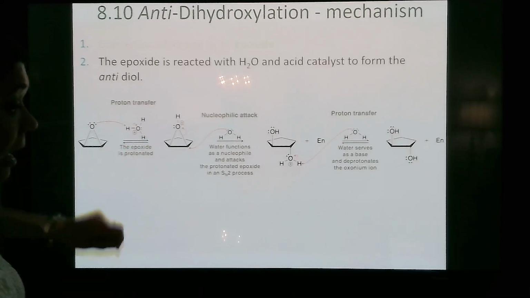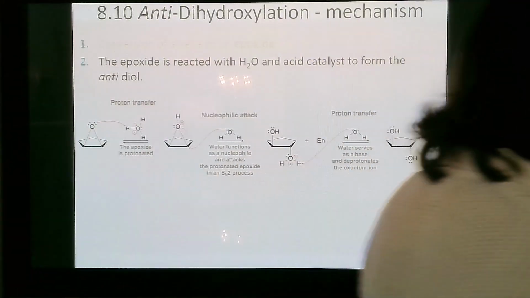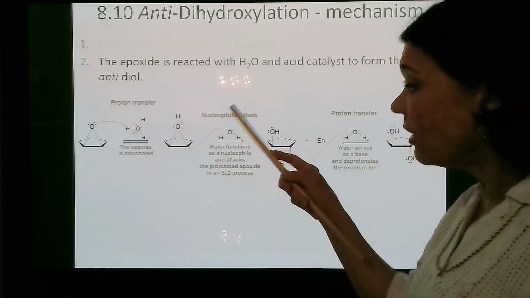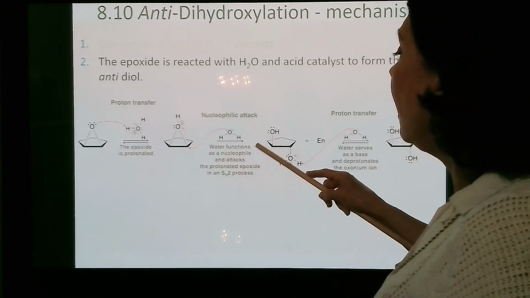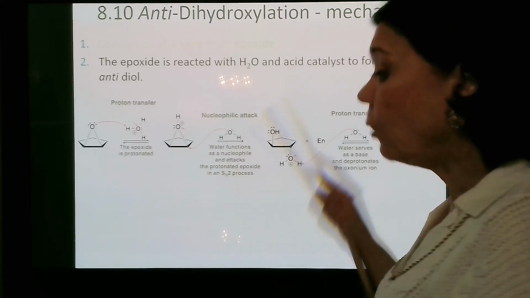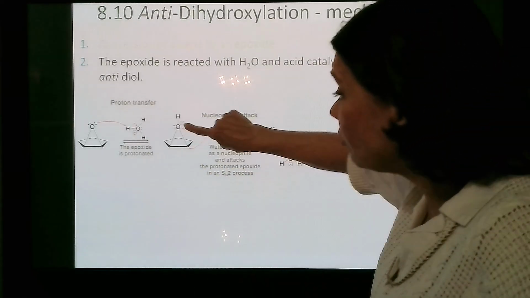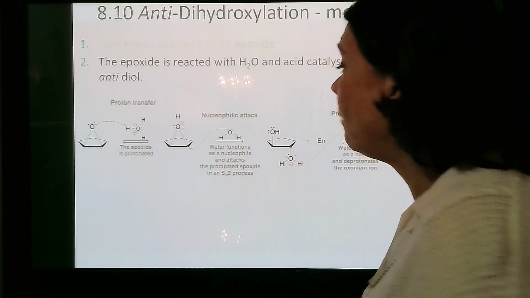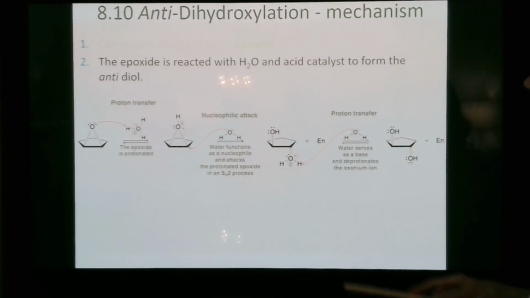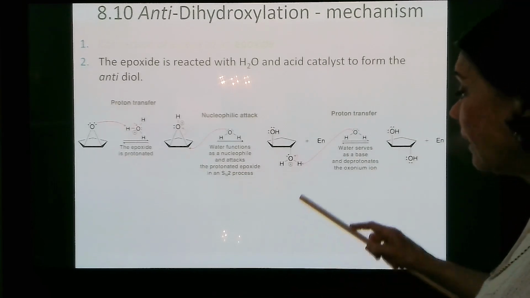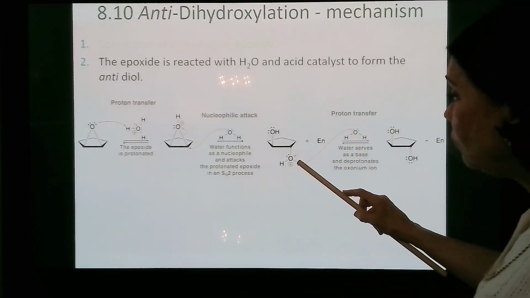And so the exact same thing happened, and also when you had the mercuronium ion. So they're all very similar. The mechanisms are similar. This is the 3rd time you've seen the same mechanism. The only thing you're doing is changing the identity of that one atom. And so water comes in, does an SN2 attack, and then you deprotonate it.